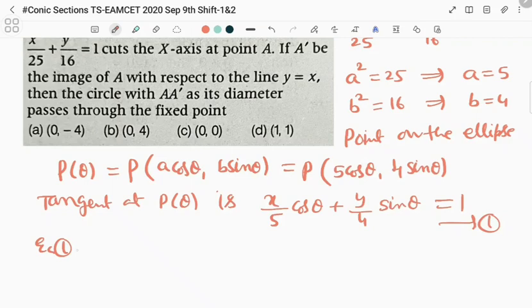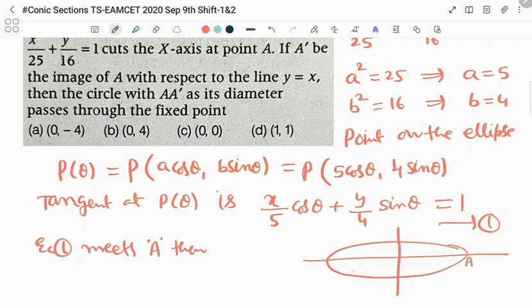Equation 1 meets this ellipse, cuts x-axis at A. The ellipse figure will come like this, notice students.